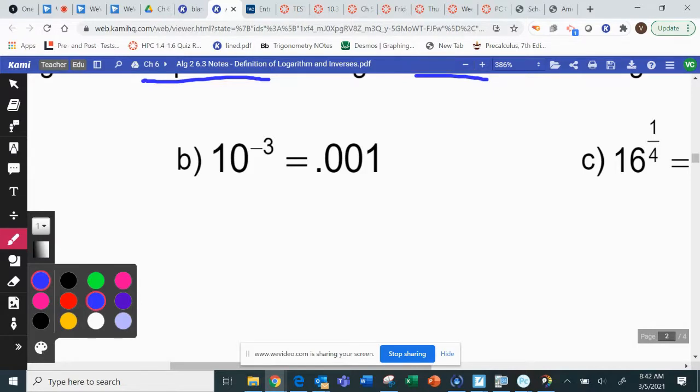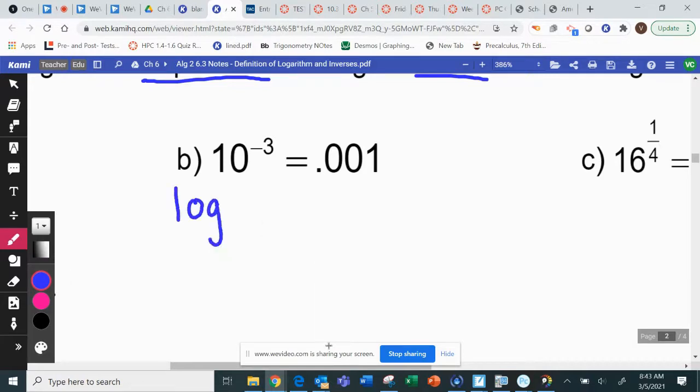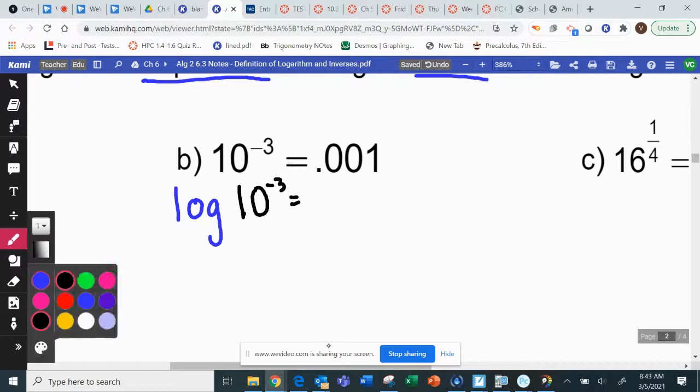Oh, okay. So, Sophie, what base does this one have? 10 is the base. -3 is the exponent, right? So I'm going to do log to both sides. What base of the log should I use? 10. So I'm going to do log base 10 to both sides. But just remember, if I do log base 10, I'm not going to write the 10.